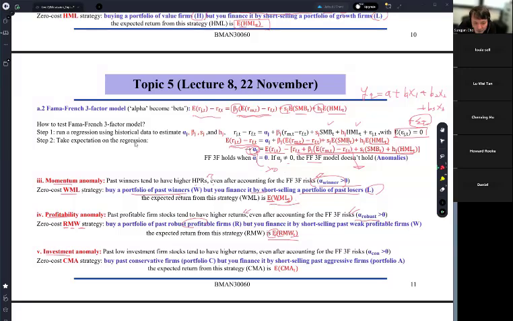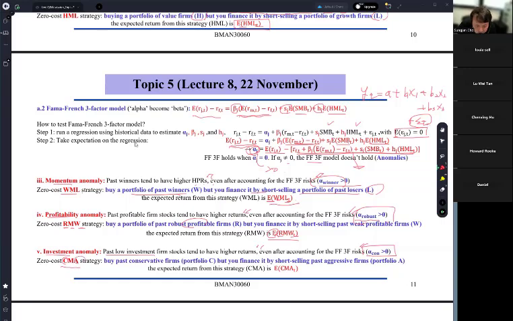Investment anomaly. If you invest into a group of firms with low investment last year, you tend to get higher returns even after accounting for the Fama-French three-factor risk. Again, this is about alpha. And you can implement this anomaly using the CMA strategy. C here means conservative firms with low investment.